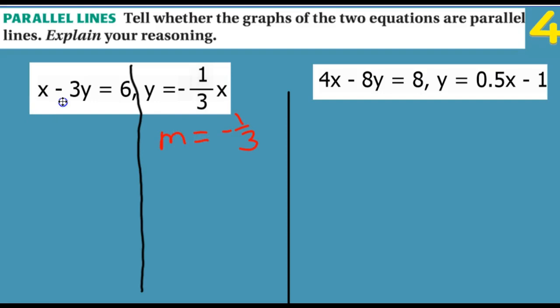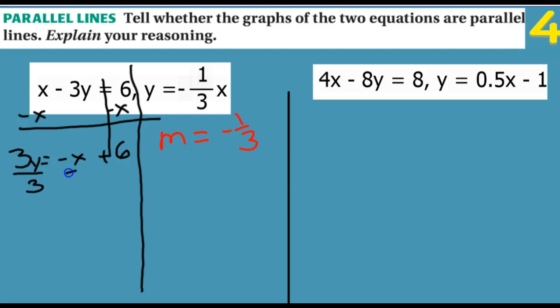Here we have x minus 3y equals 6. So we don't have the y by itself. So we can move the x over by subtracting. So we get 3y equals negative x plus 6. Divide that by 3, that by 3, and that by 3.